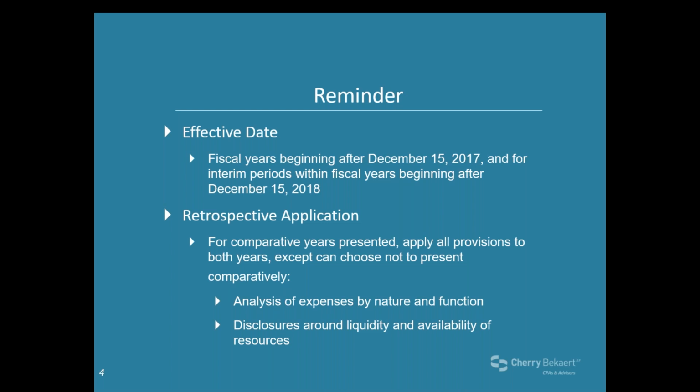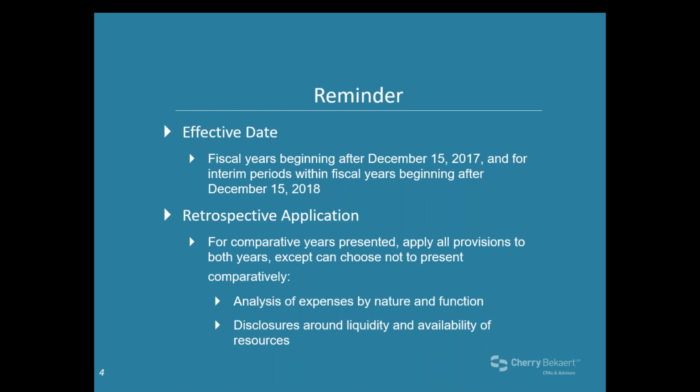So also just a reminder, this is a retrospective application. So for comparative years presented, you have to apply all of the provisions to both years except for the analysis of expenses by nature and function, as well as for the disclosures around liquidity and availability of resources. So that means if you do comparative, you don't need those two items for the prior year, but if you have the information, you also have the opportunity to show it.